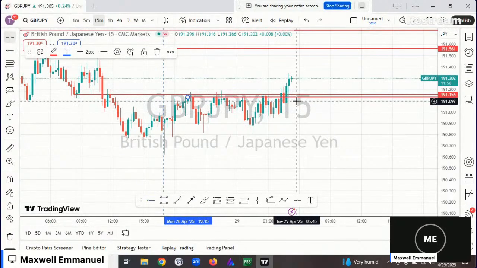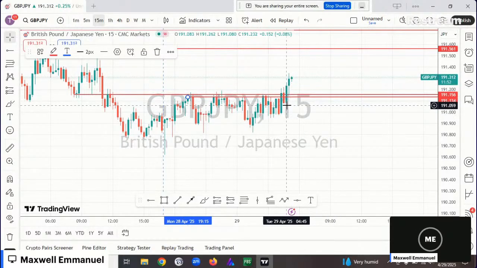This should be your demand zone. Let's say you use this as your SL, 191.07. That's about 30 pips. You can use 40 pips and go for 65, 70 pips.